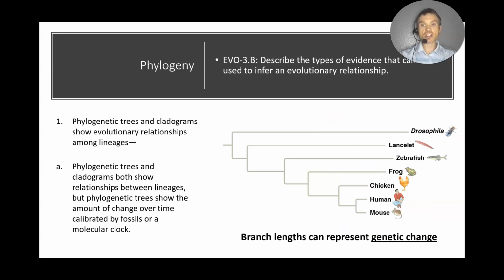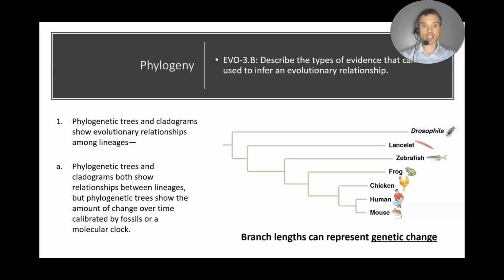When we look at phylogenetic trees and cladograms, both show the relationship between lineages, but the phylogenetic tree shows the amount of change over time, calibrated by fossils or a molecular clock such as DNA or amino acid sequence. You can see this example right here.